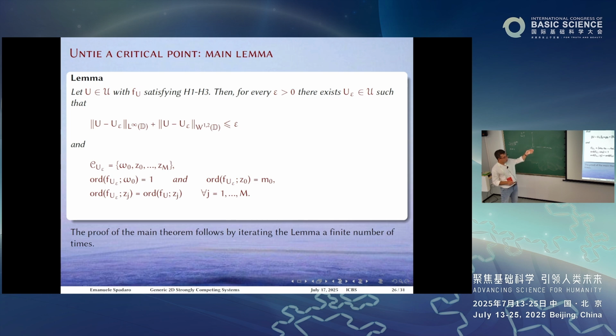So it's clear that if you can iterate this process for the number of zeros you have, in the end, in a finite number of steps, you have untied all critical points, and you have all 3 points. And that's then sort of reduced to a genericity statement.